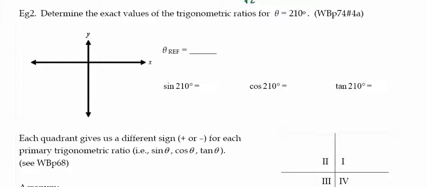210 degrees is bigger than 180, and in fact it is bigger than 180 by something that we are familiar with, a special angle. 210 degrees is bigger than 180 by 30 degrees.